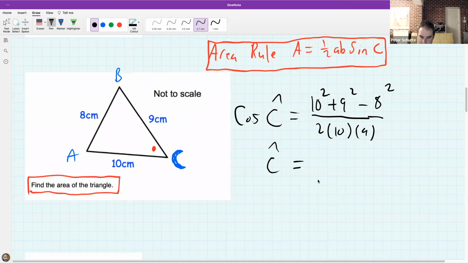If you feel comfortable now, you could just go shift cos and put this whole thing in. And if you don't feel comfortable doing this and it's overwhelming, don't do it. Do an extra step. But those who feel very confident could get to the answer in one step by going straight from there. It's up to you guys. What do we get for that angle C?